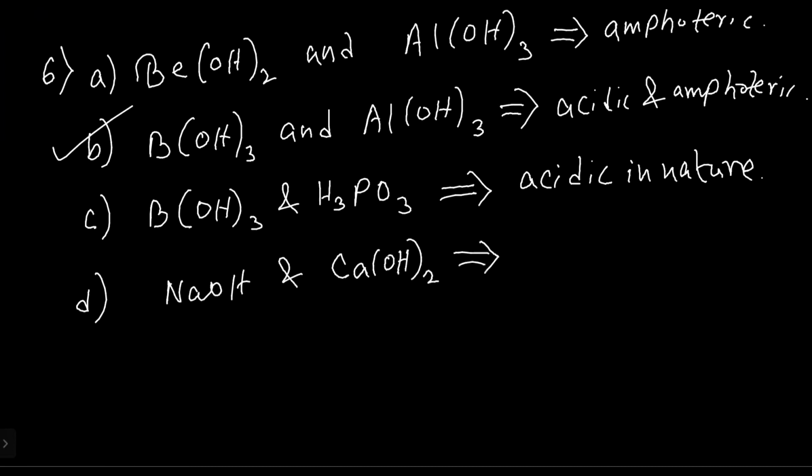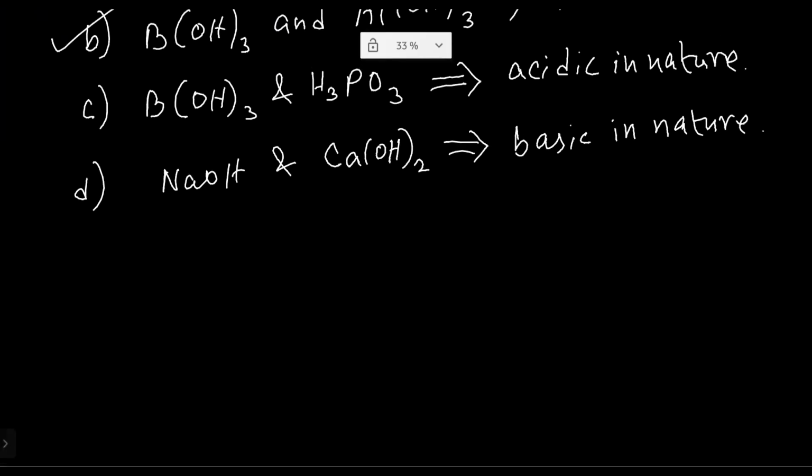You all know very well that they are basic in nature, both of them. So in A, C, and D, both the compounds have the same nature. Only in option B, one is acidic and another one is amphoteric. So they have different nature. So option B would be the correct answer.